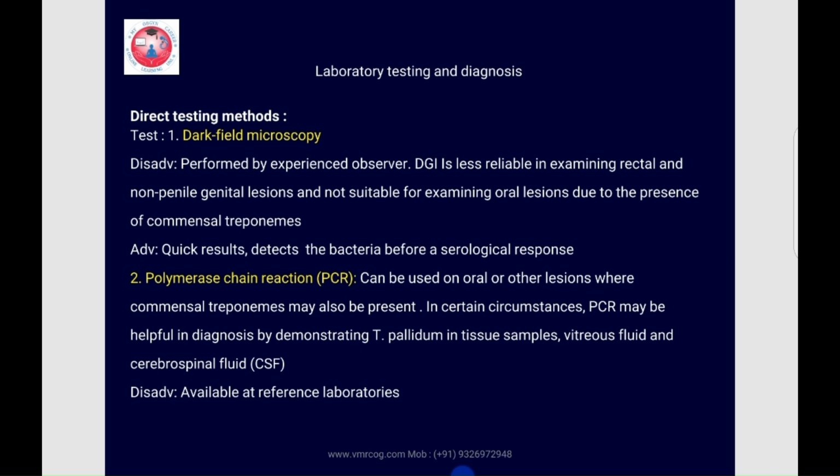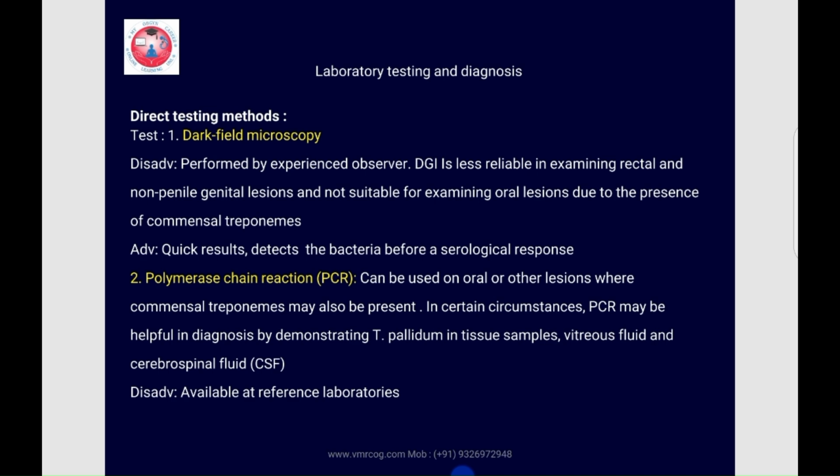But the advantage is that it gives quick results and detects the bacteria before a serological response. The second test, that is polymerase chain reaction, can be used on oral and other lesions where commensal treponemes are also present.